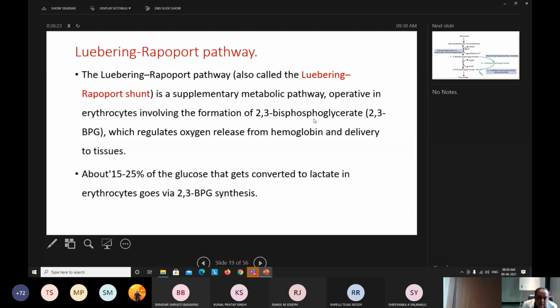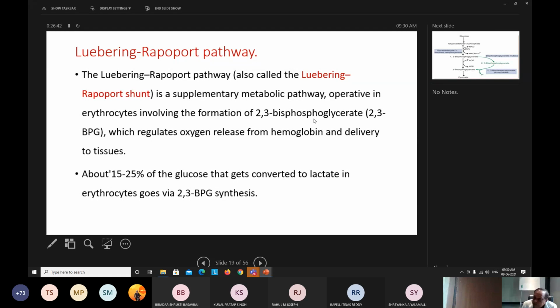Now, coming to another pathway related to glycolysis, referred to as the Luebering-Rapoport pathway, or the Luebering-Rapoport shunt.